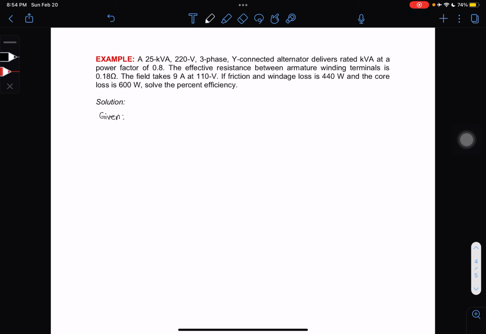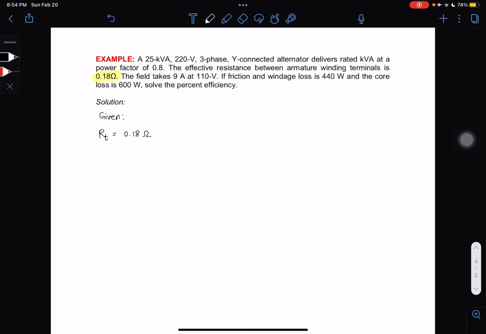So in the given, it gives the effective resistance between armature winding terminals. So this will be our R total. So we have 0.18 ohms. And for our S, did it give S?